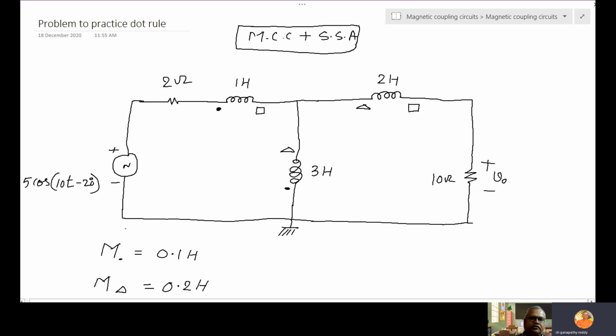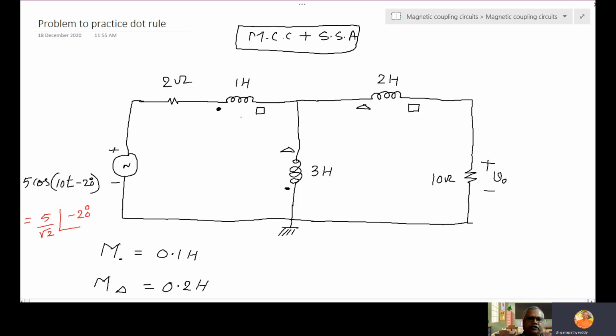Now for steady state analysis, what is the procedure? We already studied. The source is converted into phasor form, that is 5 by root 2 angle of -20. There is only one source, in cos form, and I am taking cos itself as the reference. 5 by root 2 is RMS. This is the phasor form.